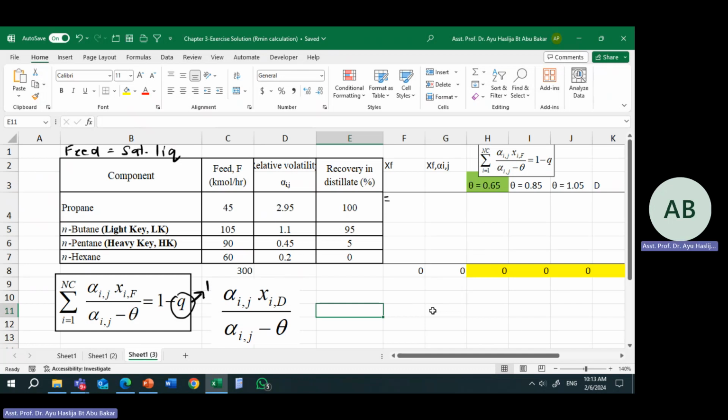Vice versa, 45 over 300. Then you get the fraction: the component feed over total feed.